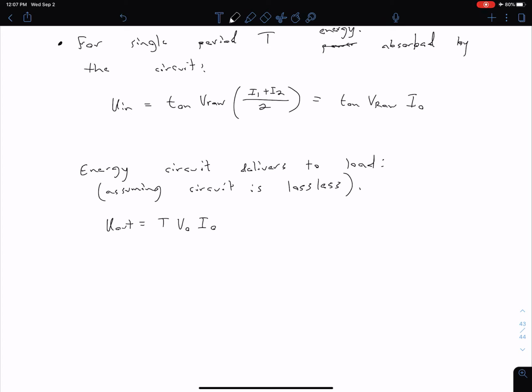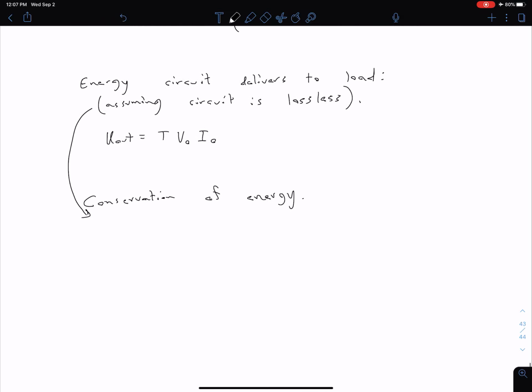So then what we can say is we want to consider our conservation of energy. Our conservation of energy here is where we're noting that our circuit is lossless. So we're saying we're not losing any energy in the inductor, in the diode, in the capacitor. Of course, that's not actually the case, but it's going to be a good approximation.